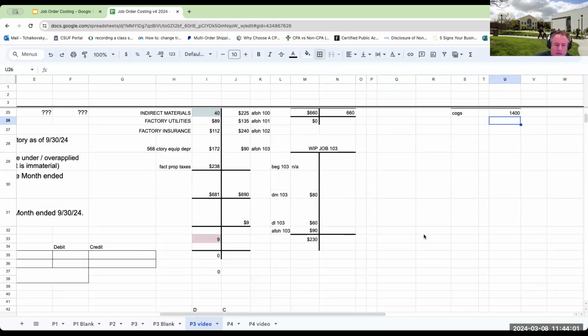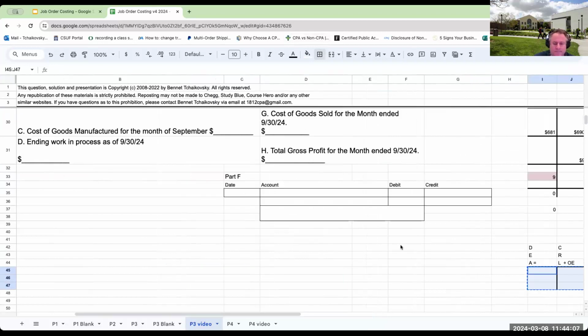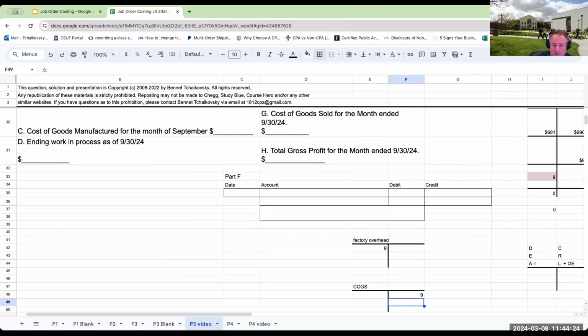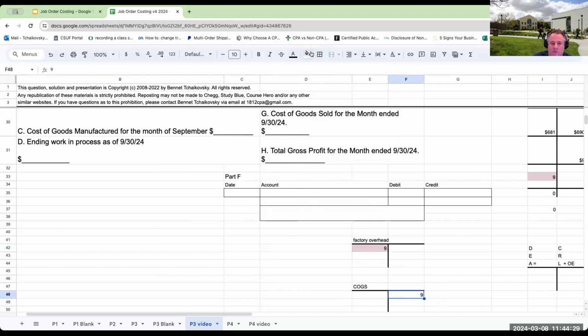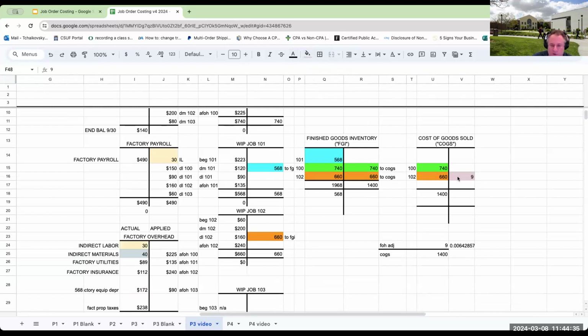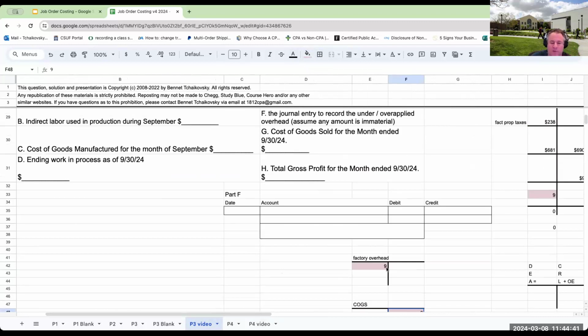So what did I just do? In this question, I basically debited factory overhead for 9, which was my adjustment, and I credited cost of goods sold for 9, which is right over here. That's the effect of what I went through.